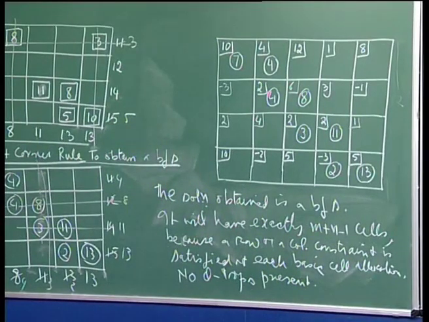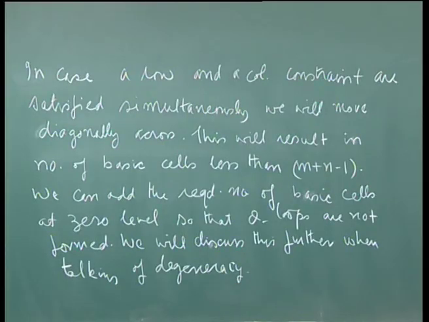Just see how easy life is. In case a row and a column constraint are satisfied simultaneously, this is while discussing the northwest corner rule to obtain a starting basic feasible solution, then we will move diagonally, because I can't move horizontally or vertically, since both the constraints are satisfied. So, this will result in a number of basic cells less than m plus n minus 1. But then we can add the required number of basic cells at 0 level, so that theta loops are not formed.